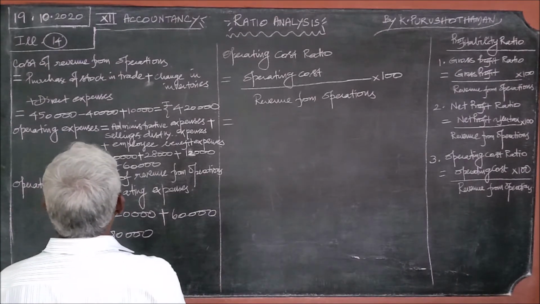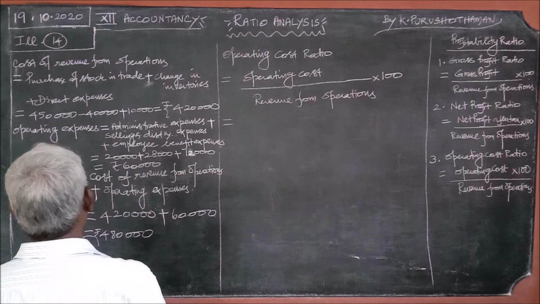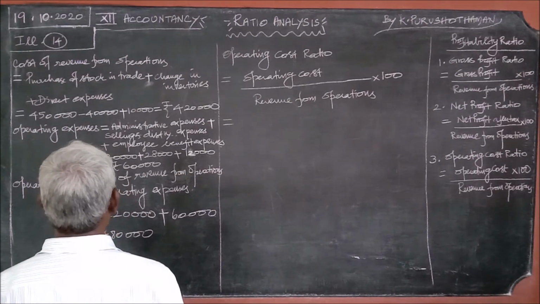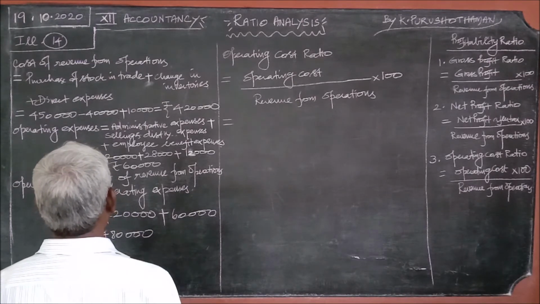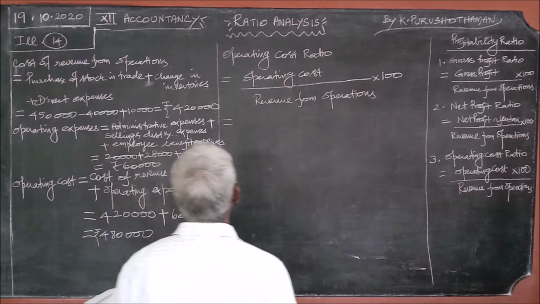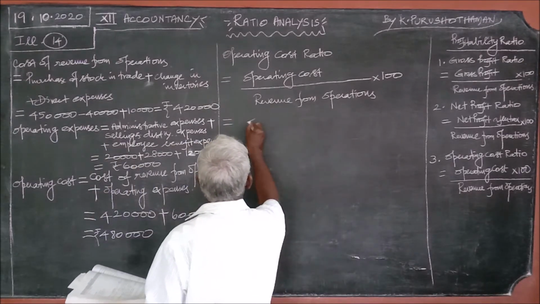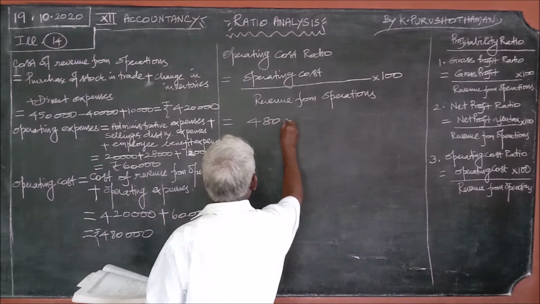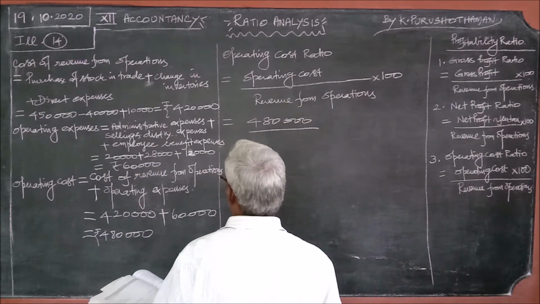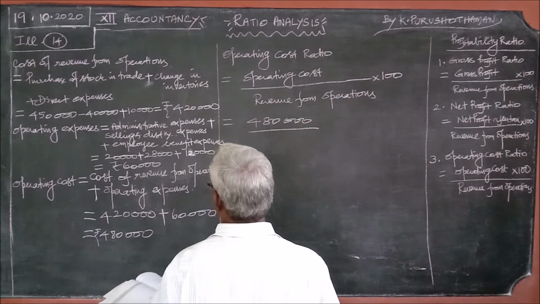So we can add the cost of revenue from operations with operating expenses. So we will get 4 lakhs 80,000. Therefore, 4 lakhs 80,000 divided by revenue from operations.